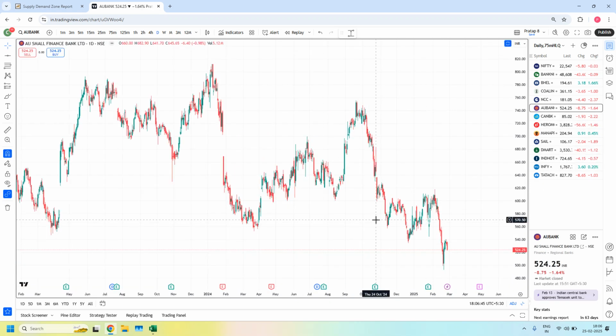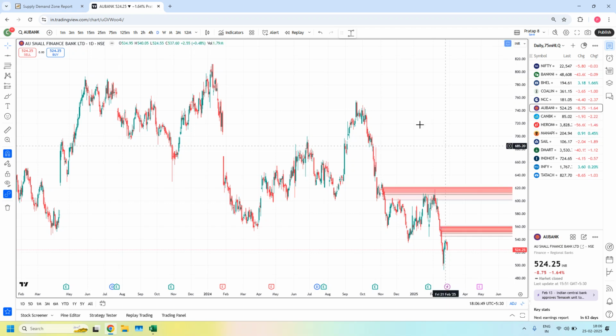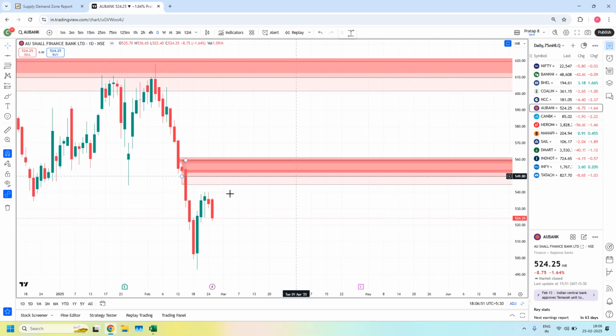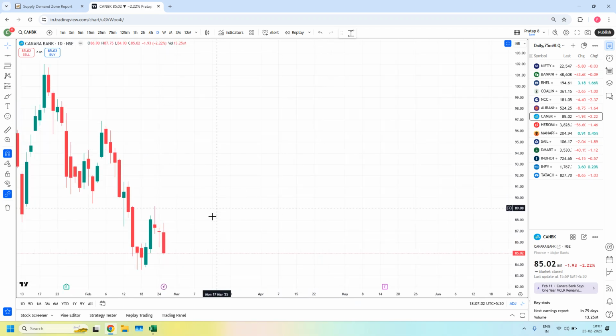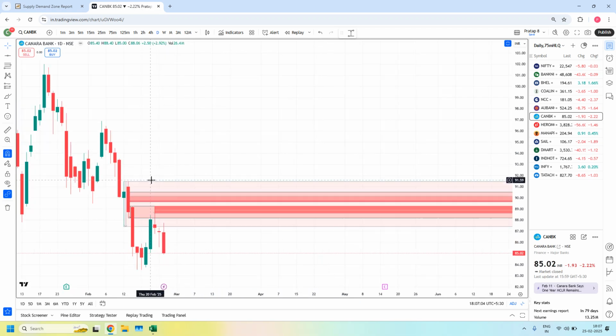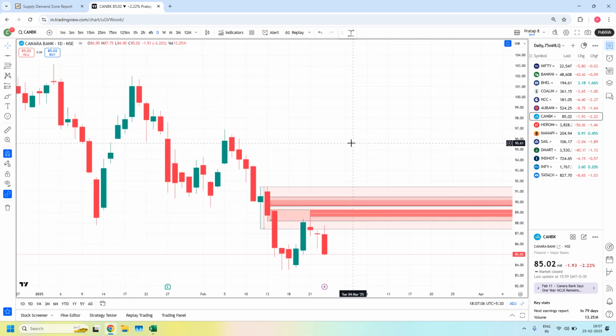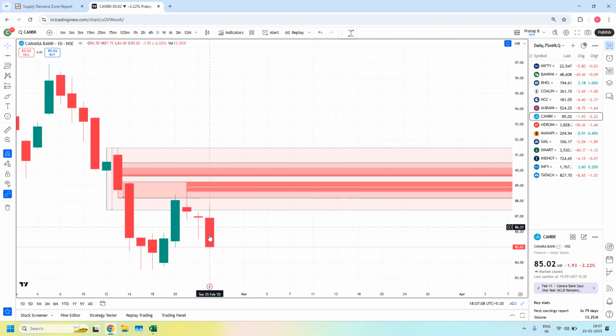Previously we discussed AU Bank, Canara Bank, Hindustan Motors, all 3 stocks, and we already fine tuned them. When I opened the chart, this analysis was already there. So please refer to the previous analysis videos. This is today's candle.